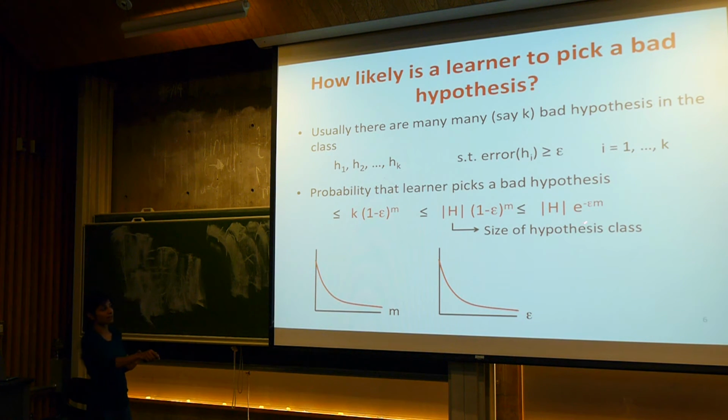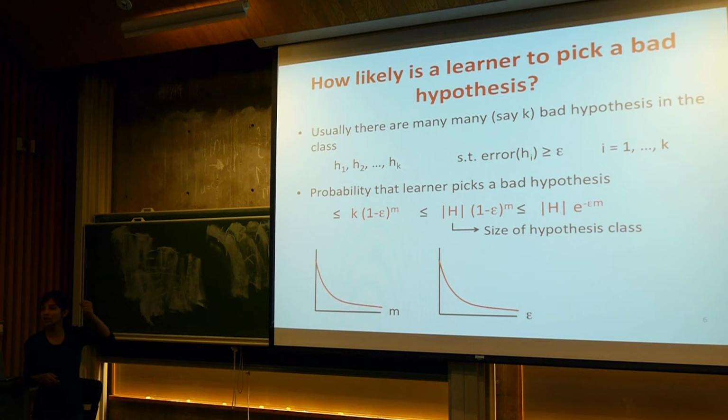Similarly, as epsilon increases, the probability that the learner picks a bad hypothesis goes down, because we are relaxing the requirement on how bad the hypothesis is. As epsilon increases, we are allowing it to be more and more worse. And so the probability that the learner will actually pick such a bad one, and it will correctly classify all of the training points, is going to be small, right? So intuitively, that should make sense.